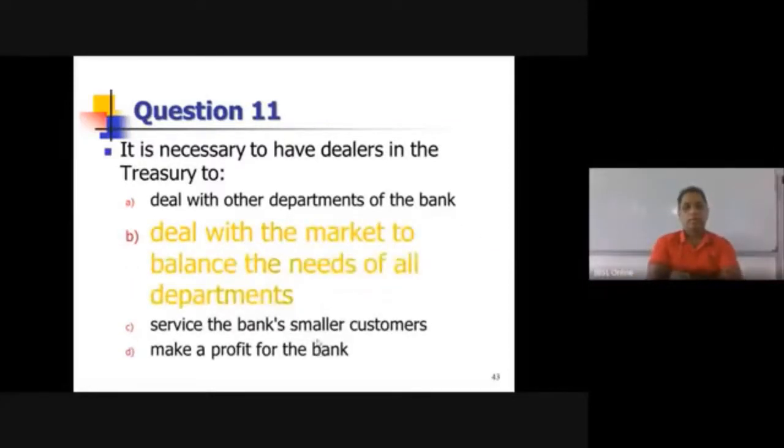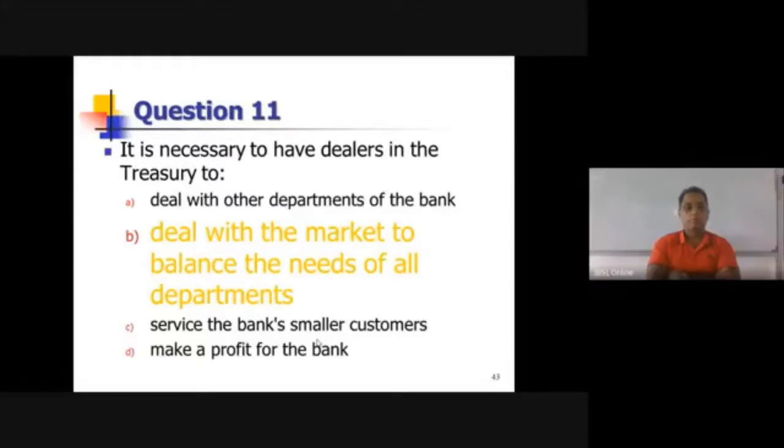Okay, you said D, right? I would slightly disagree with this answer. I think it's a combination of these answers. I don't think you should necessarily go with only D, although D is correct, because the purpose is also to make a profit for the bank.